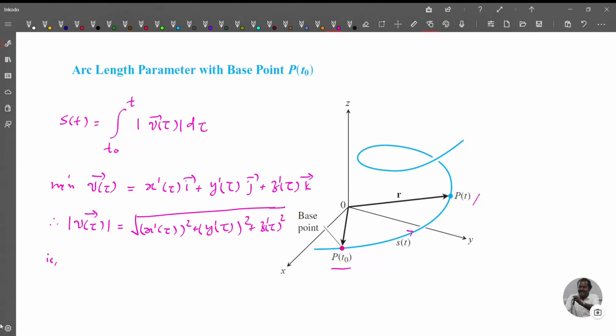That is, s of t equal to integral t naught to t square root of (x prime of tau) the whole square plus (y prime of tau) the whole square plus (z prime of tau) the whole square d tau.